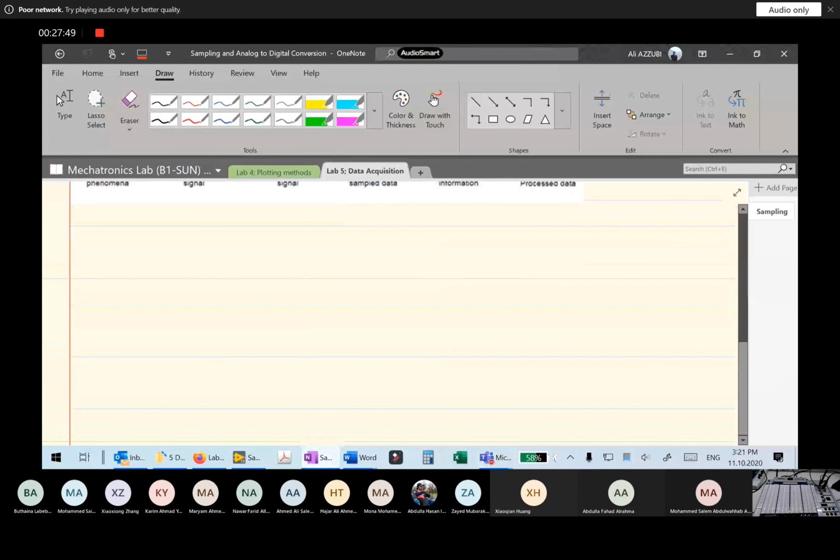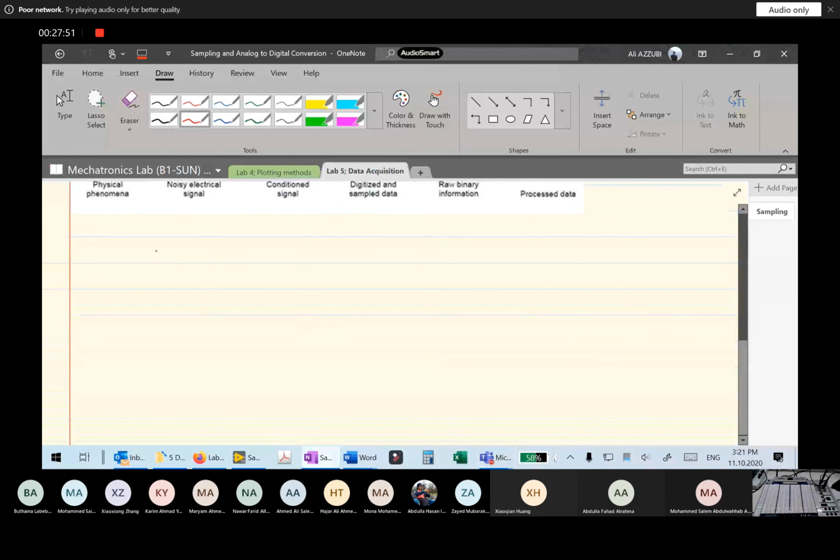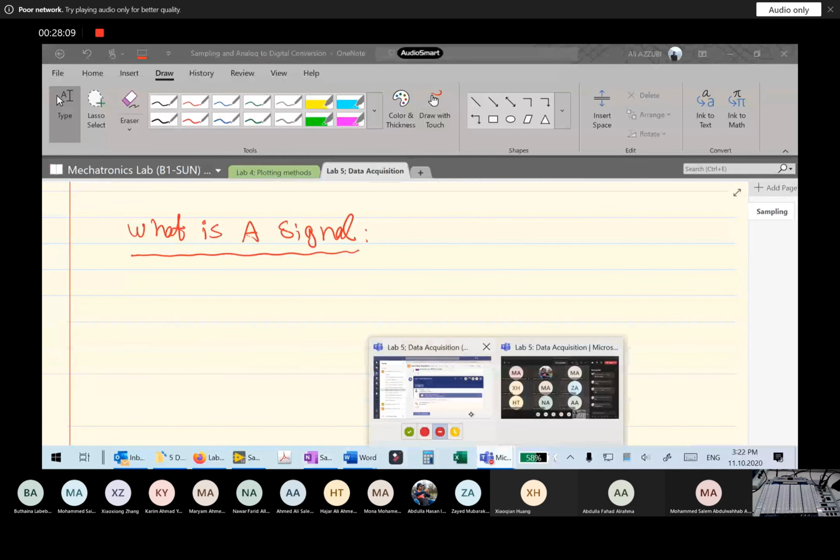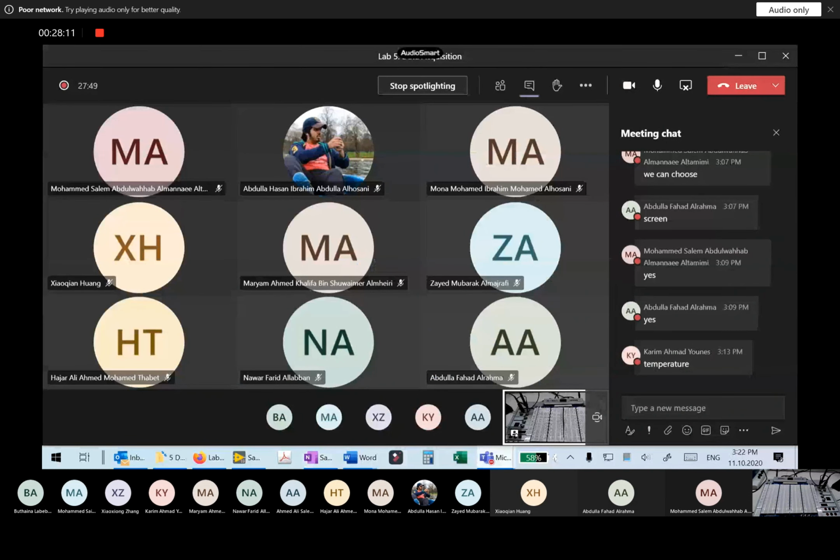So, what is a signal? Let's put some simple definition. Anybody have an idea about the definition of a signal? Yeah, temperature is a signal, but I mean the definition of a signal.